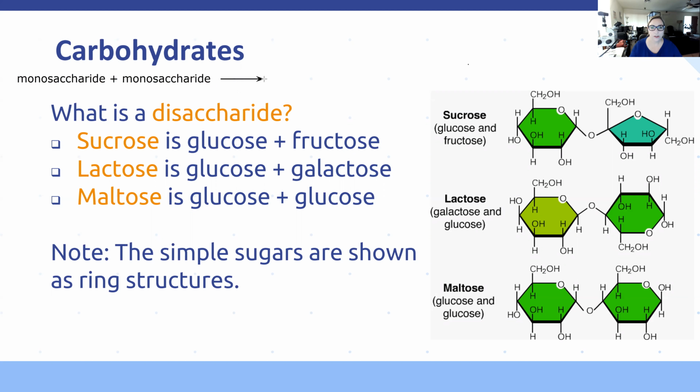There we go. So we have a monosaccharide plus a monosaccharide. Now these are being joined. You're going from smaller molecules to a larger molecule. So now you have a disaccharide plus water. Remember, with dehydration, water is given off as those covalent bonds are formed.